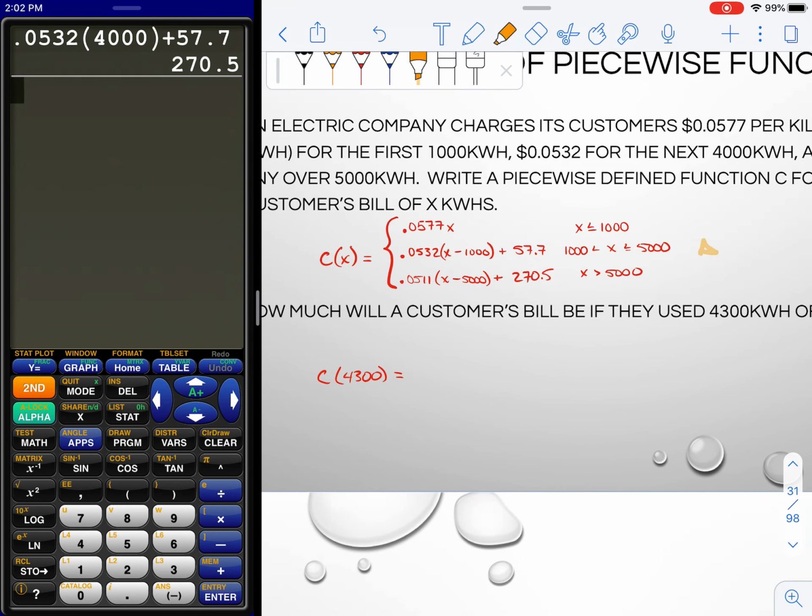So 0.0532 times 4,300 minus 1,000 plus 57.70. Well, we're going to get a cost for 4,300 kilowatt hours of electricity of $233.26.